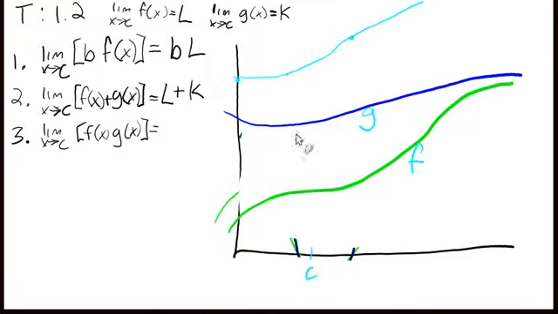It's just going to be much higher because we've got these numbers that we're multiplying together. And whatever the limit was for f and whatever the limit was for g at c, we're going to multiply those two limits together, and that's going to be our new limit way up there. So we just have a situation where it's L times k.